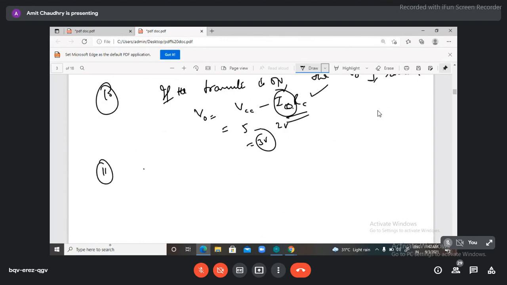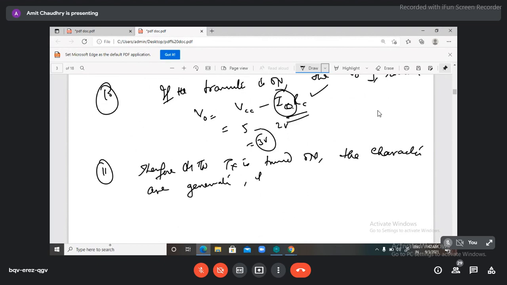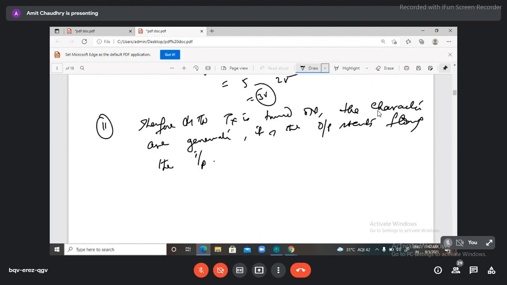Therefore, as the transistor is turned on, the characteristics are generated. That is, the output starts following the input. Characteristics होती क्या है? There is some relation of output with the input.